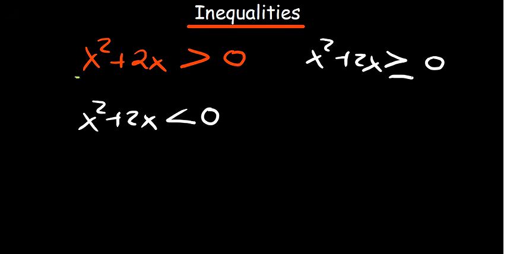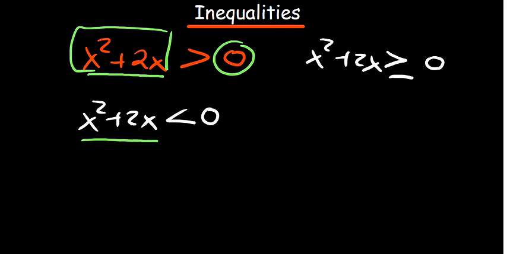So when you say x squared plus 2x is greater than 0, whichever way the sign is pointing tells you that is something that is bigger. So this part should be greater than 0, then this part should be less than 0. So those are inequalities. So now how do you get to find the values of x that will satisfy the inequalities? That's what we wanted to talk about.